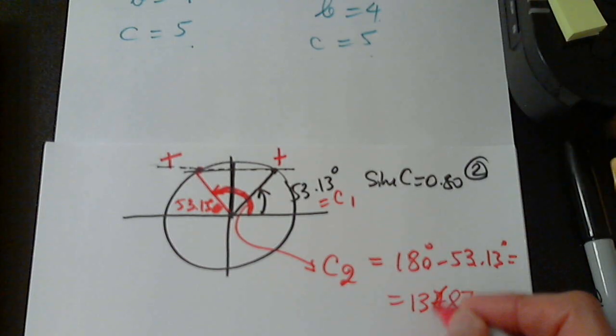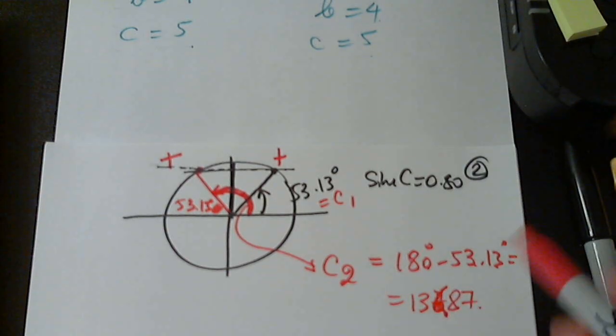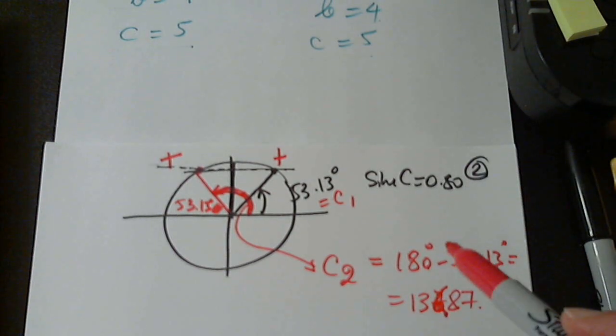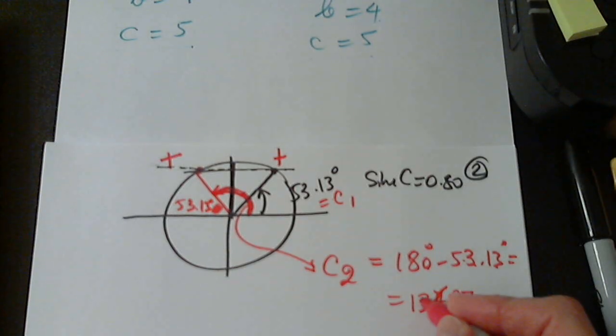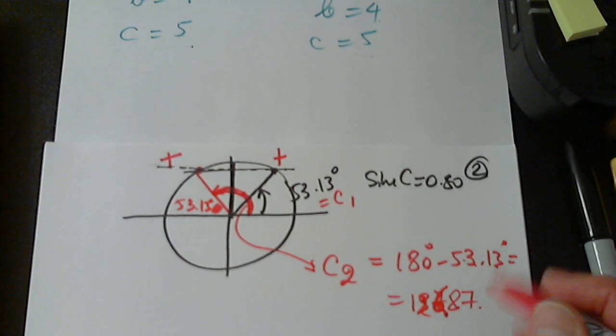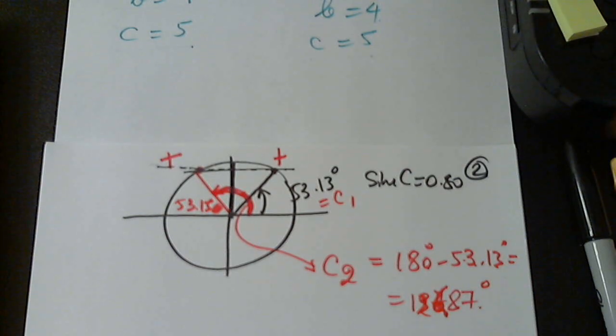Oh, 3 from 9 and 5 from 17, 12. So I got 126.87 degrees. Am I correct?